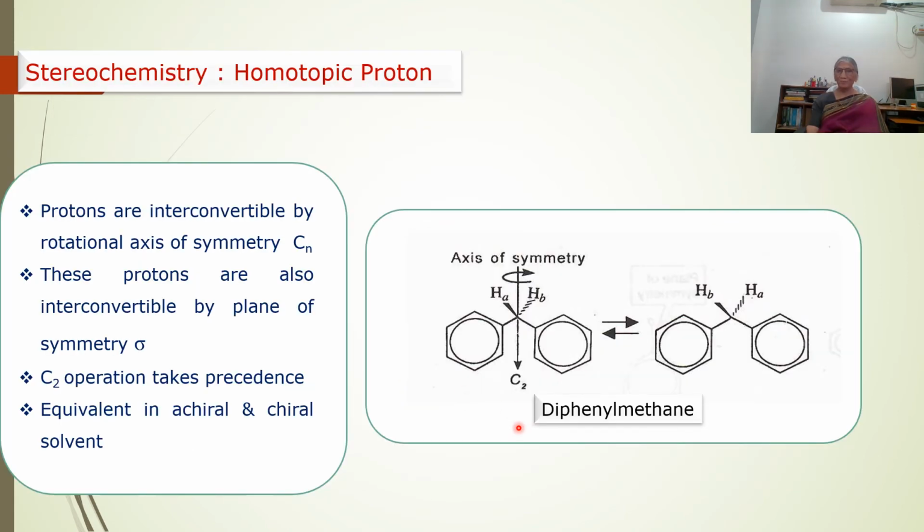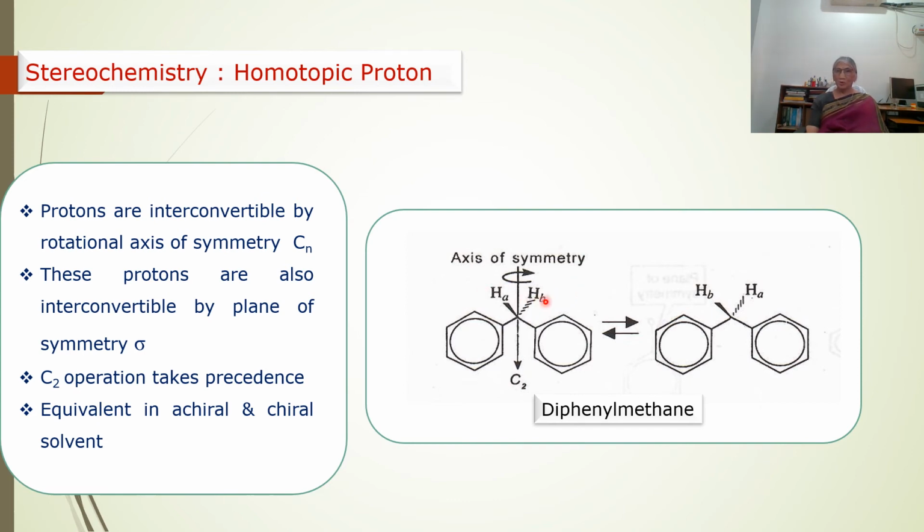This is a diphenylbutane molecule. Careful observation of this molecule indicates that it has a C2 axis of symmetry. That is, if it is rotated by 180 degrees, then protons A and B are interconvertible. And also it has a plane of symmetry, so protons A and B are interconvertible by the plane of symmetry also.